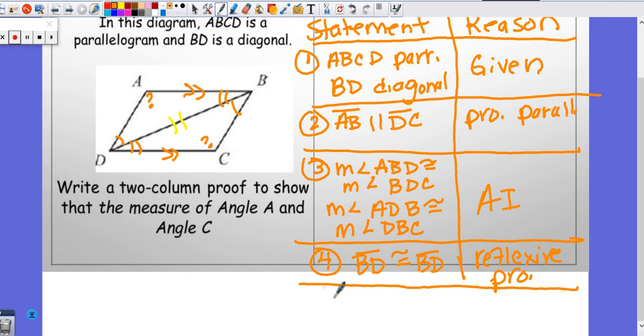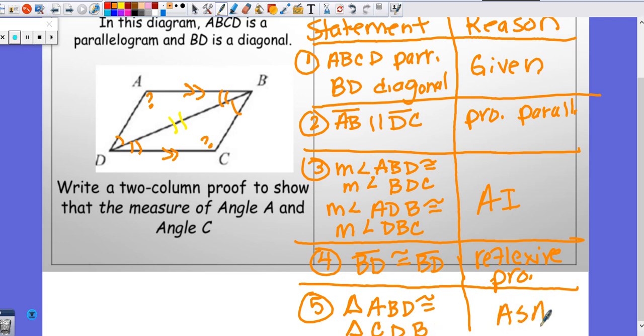Number 5, now I can say triangle ABD is congruent to triangle CDB. A should match C, this B should match that D down there, and this D should match this B up here. And that's going to be by angle, side, angle.